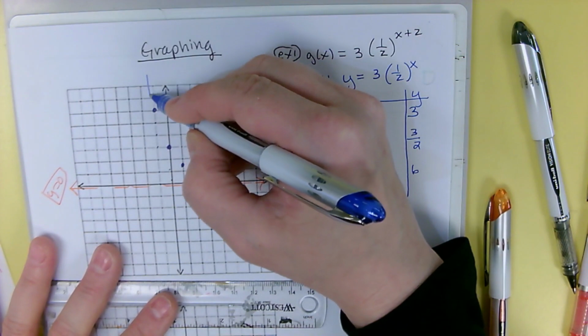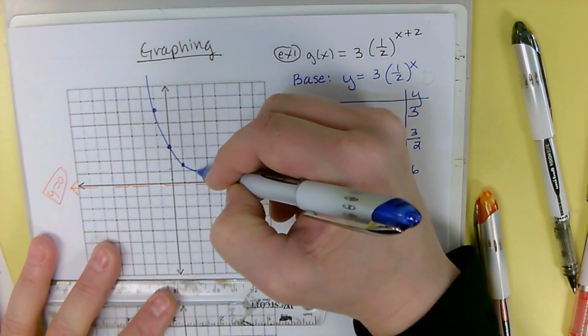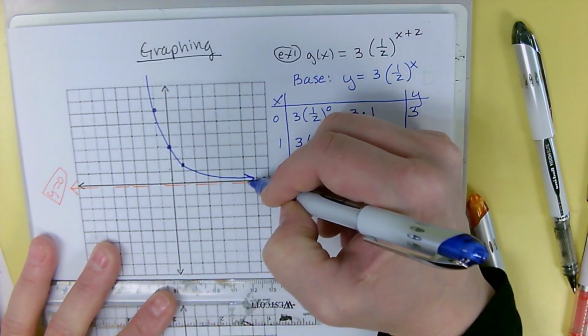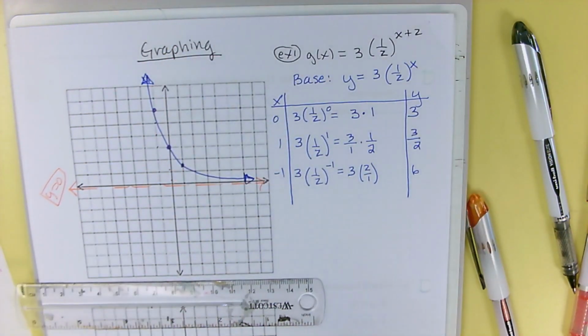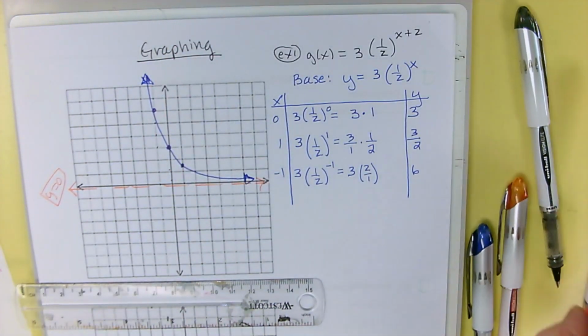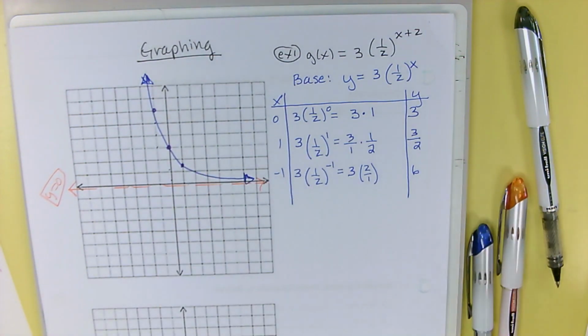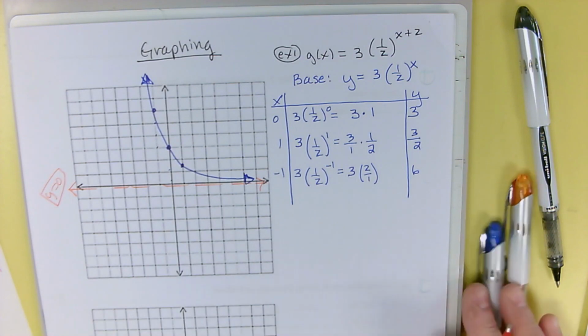So my base graph comes down and gets really flat looking on the right. The left of it shoots up without ever going completely straight. So that's your base graph with the asymptote y equals 0.